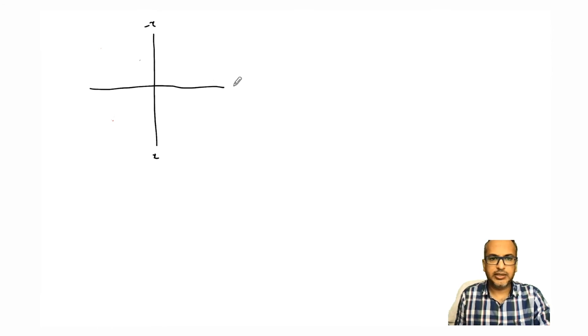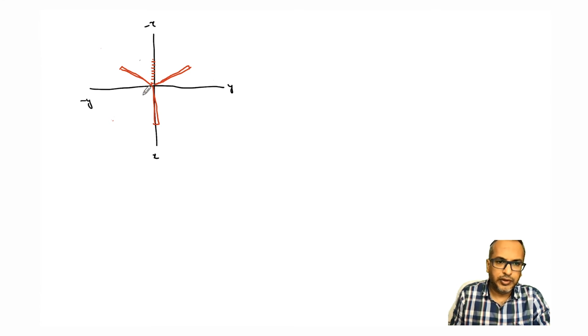X minus X, Y minus Y. So I've tried to keep this angle as 30 degrees. These are wedge-like projections.